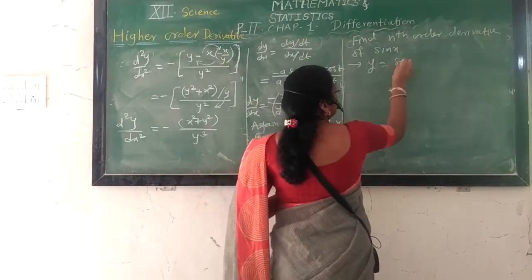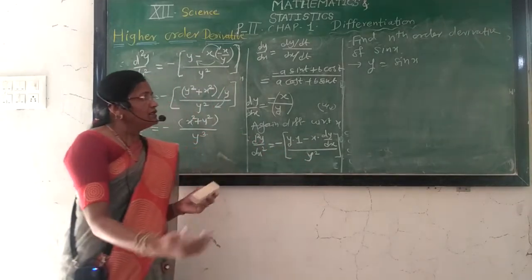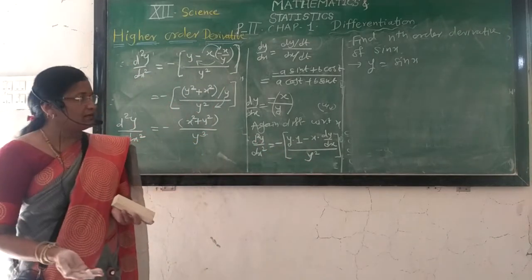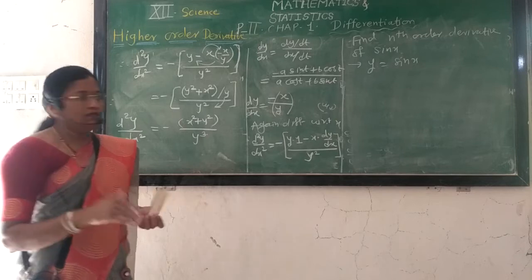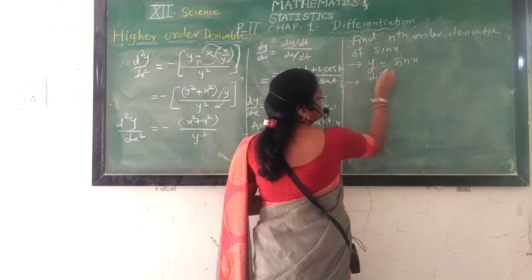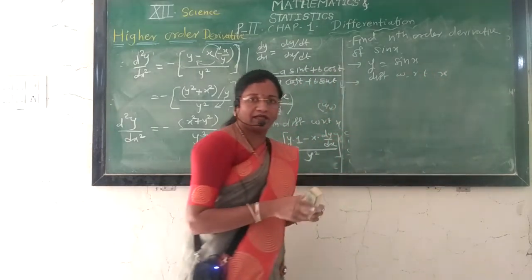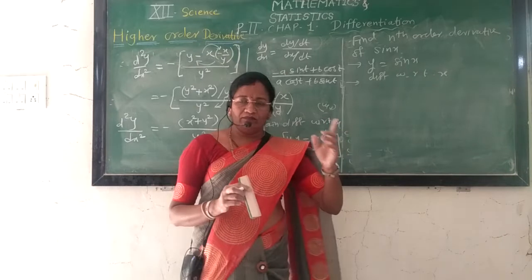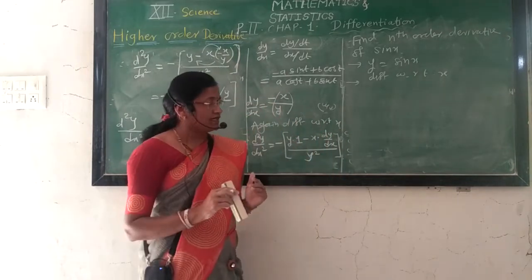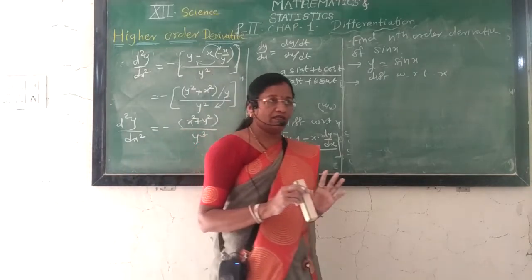So first, the function is sin x. For nth order we take differentiation with respect to x, and replace d2y by dx square by y2. So we differentiate with respect to x. Here only remember three steps: find the first derivative, and with the help of the first find the second. Take some common property or try to adjust a common property.